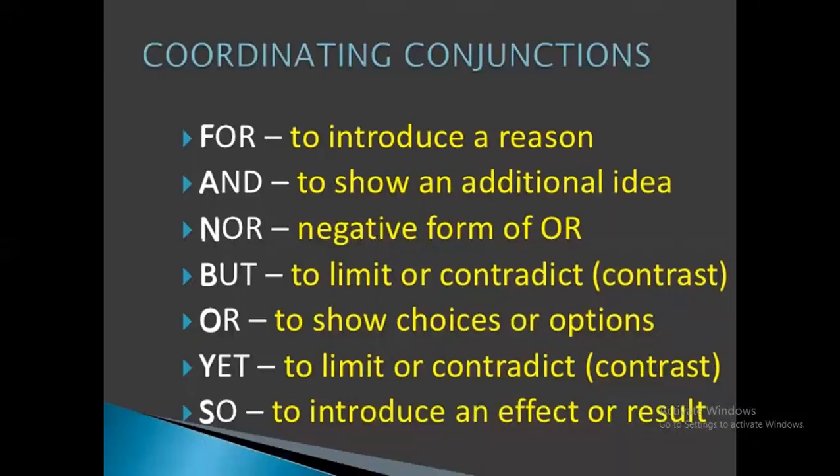So here you have to remember that, if you are asked to put a coordinating conjunction, then when you're giving the reason, you use for. And if you are asked to put a subordinating conjunction, then you do not use for, then you use because or since.